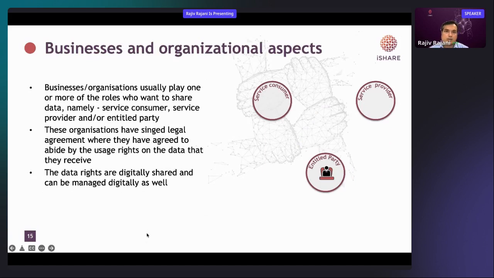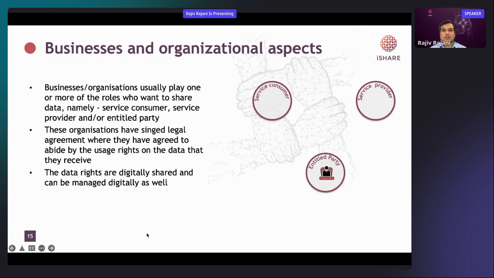So business and organizational aspects of this framework are basically the roles, the parties involved in the exchange of data. So of course, when there is an exchange, there is a provider and there is a consumer, and there is also an owner, or the entitled party who has the rights to the data.